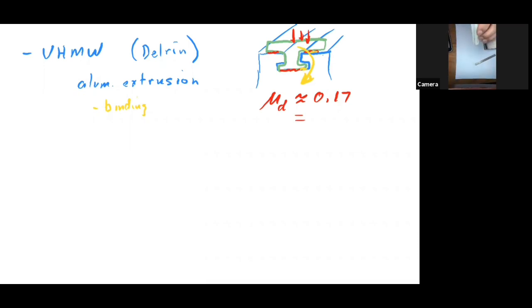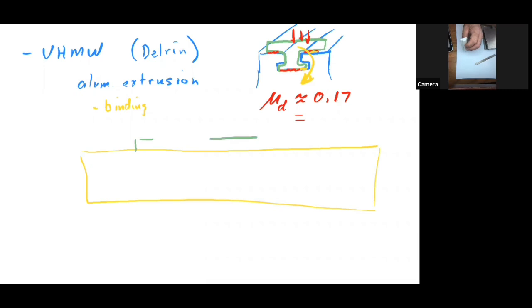Binding happened on these sliding bearings. Let's say here's the size 30 stuff, and then the actual bearing was here, moving back and forth.